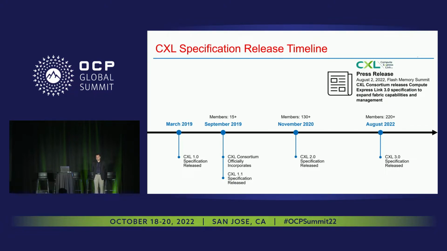We thought that was a great success, and then everybody got more energized, more use cases were introduced. Based on those new use cases, new capabilities were introduced, and just recently, during the Flash Memory Summit, we introduced and released CXL 3.0. It has a lot of features that I will go through in a minute.